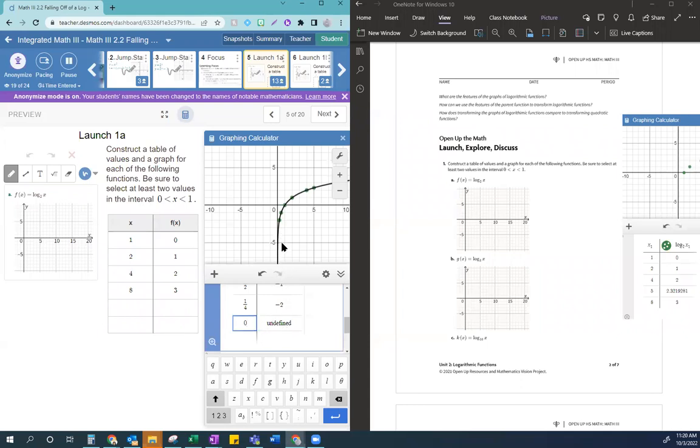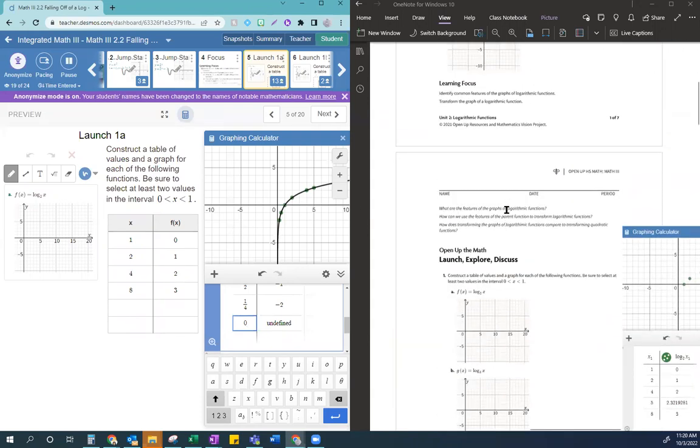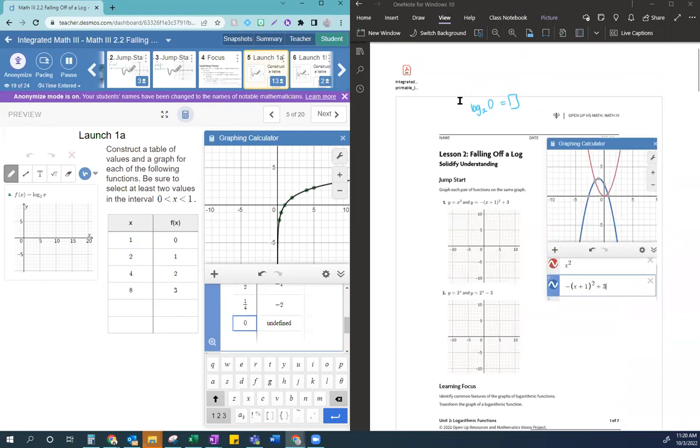Ms. Johnson, why is it undefined? Because if you think about this, now let me write this down. If you think about log base 2 of 0 equals to some number, right? I'm writing it up here. Log base 2 of some number equals to 0.